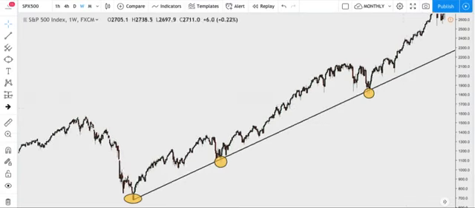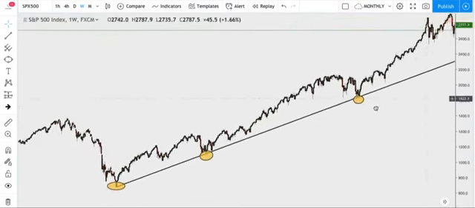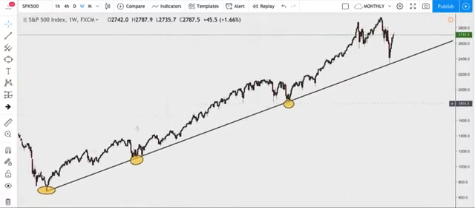We as trend traders use trend lines to guide us, to know when the market is still bullish. As long as the market stays above this trend line, this market is bullish, period. Until we're able to come down here and break this trend line to the downside, we can't start looking at scenarios of a change in trend. But as long as we stay above this trend line, we're pretty much bullish.